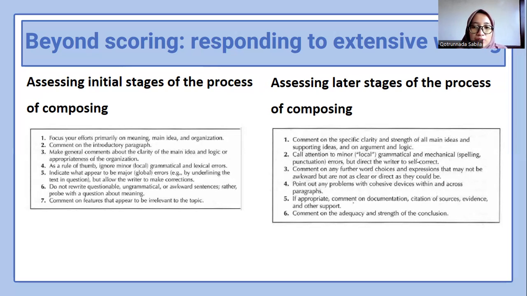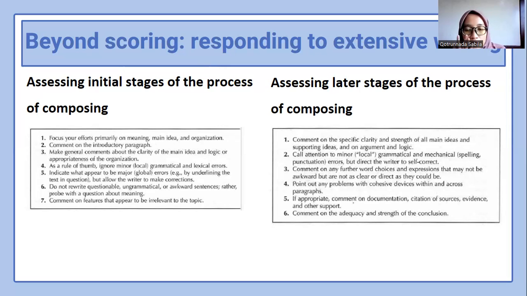And then assessing later stages of the process of composing. The guidelines for assessing later stages are: comment on the specific clarity and strength of all main ideas and supporting ideas and on argument and logic.